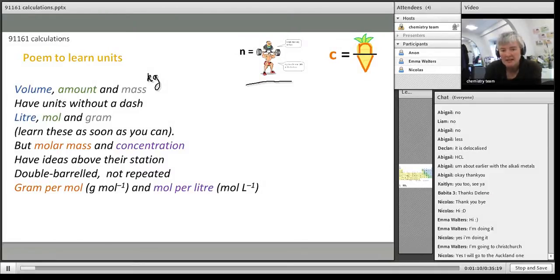Can you see my unit of n is mole, and can you see if I get given a mass in kilogram and I use the molar mass of gram per mole, will the kilogram and the gram cancel out?